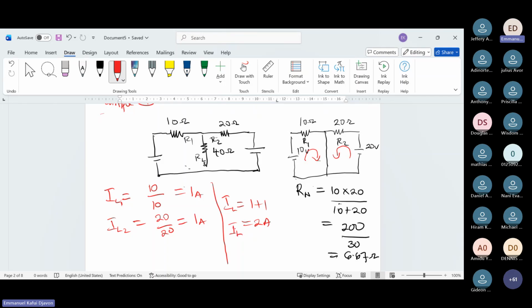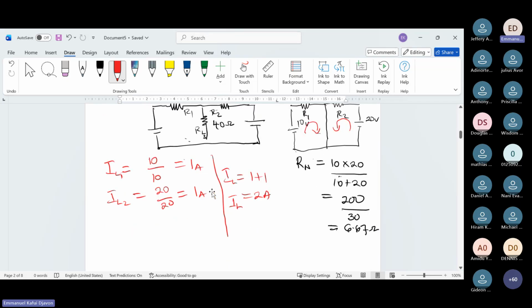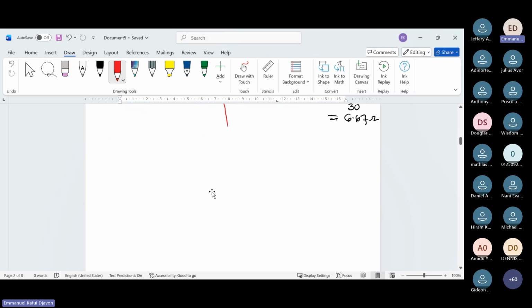Now, you come back here, you have to draw the equivalent circuit. Remember how to draw the equivalent. No matter how complex that circuit is, you must draw the equivalent circuit. As I've shown you earlier on, you have something like this.